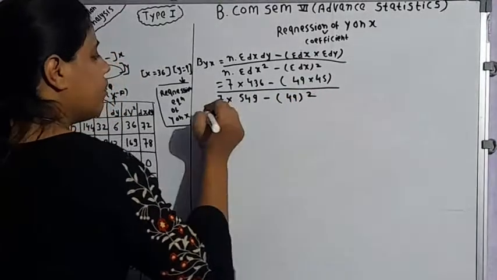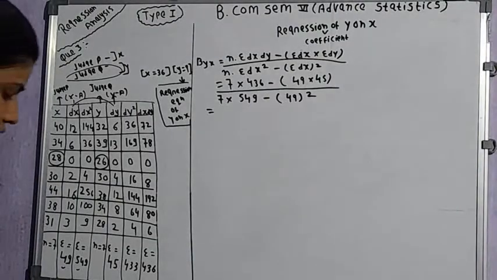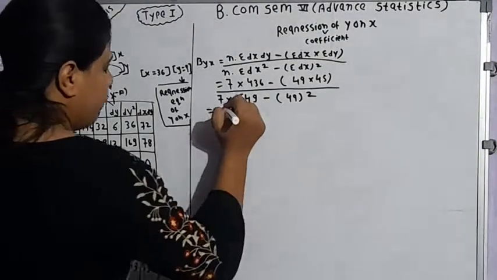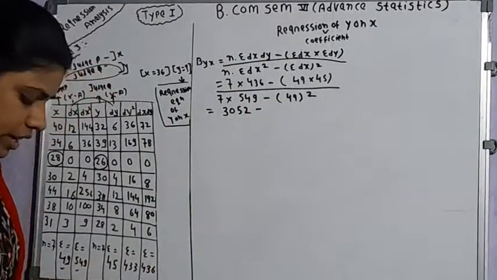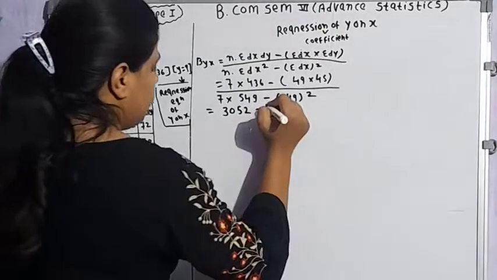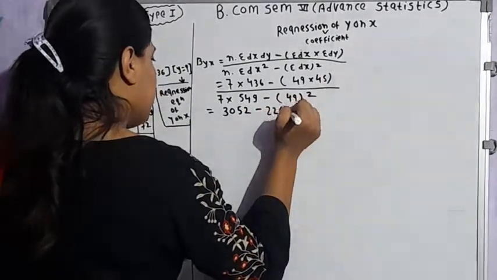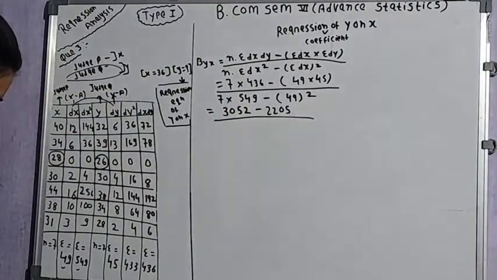Okay. So 7 into 436 comes to 3052. Minus 49 into 45, so it comes to 2205.